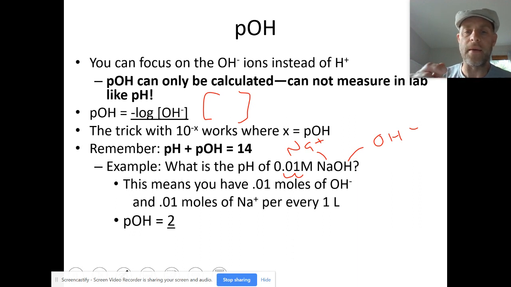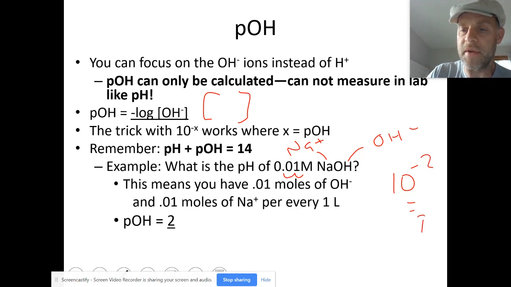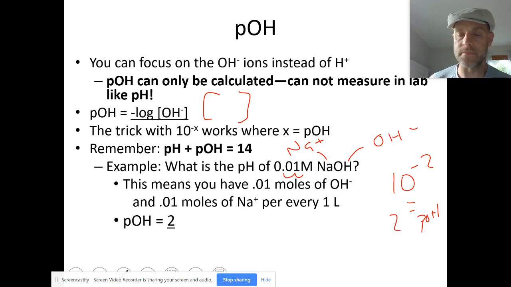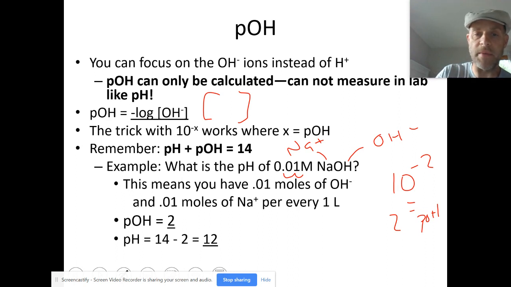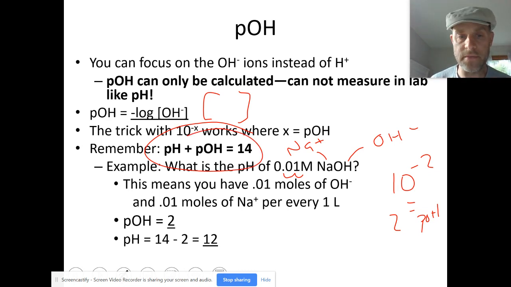So it's 10 to the negative 2, which equals a pOH of 2. Now if I want to find the pH, remember this equation: I can just go 14 minus 2, because pH plus pOH equals 14, and I would have 12.